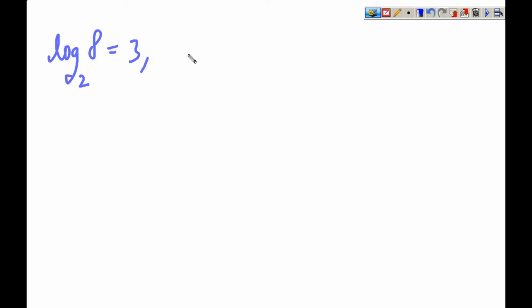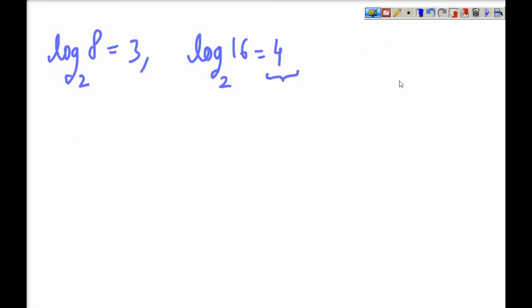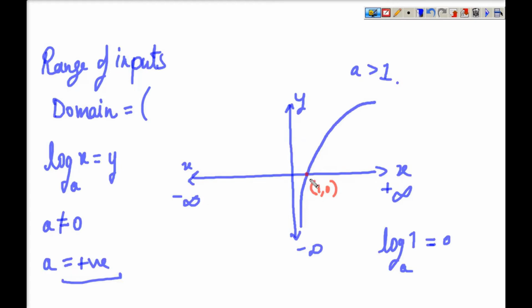If I keep on increasing the value of x, 16, 4, here we can see that if I increase the value of x, the value of y will increase similarly. So looking at this graph, when a is above 1, the value is increasing and it is going towards infinity, right? So this is what the graph will look like.